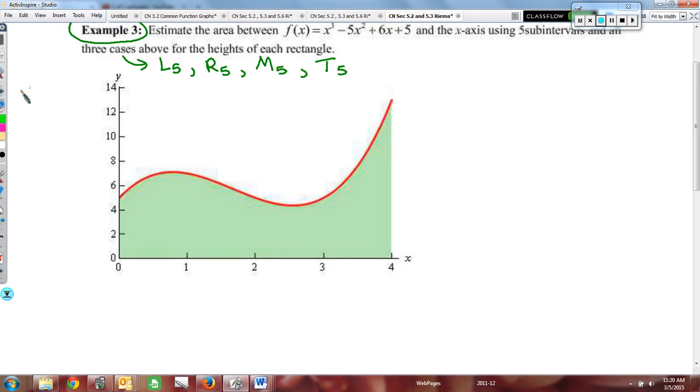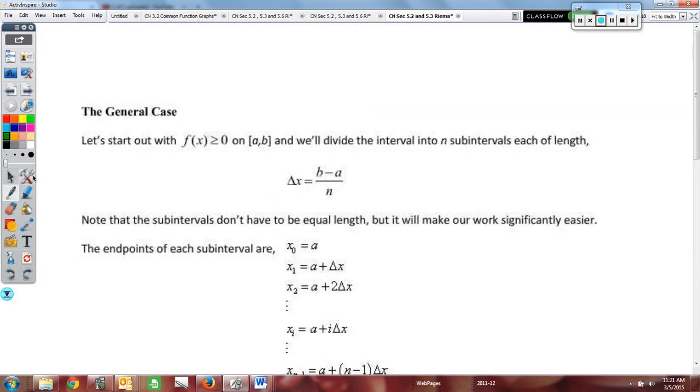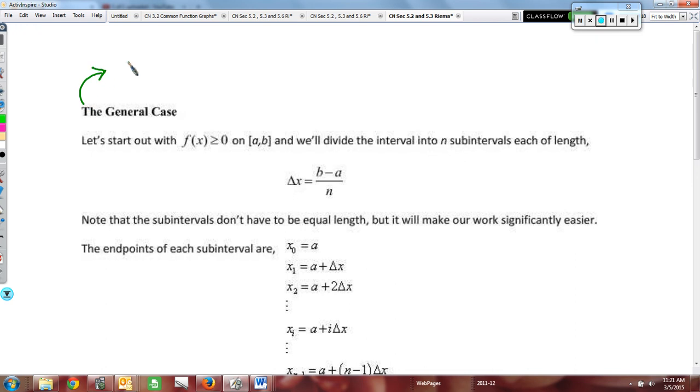What I want to do now, since I'm talking about finding the actual area, is go to the general case. How do I find exact area using limits? What we're basically going to do, and what we'll practice, is start out with the function being positive on the interval, so that it's above the axis and we're calculating a positive area.